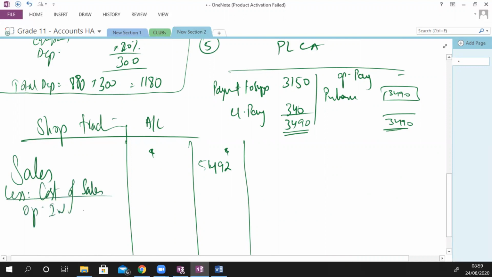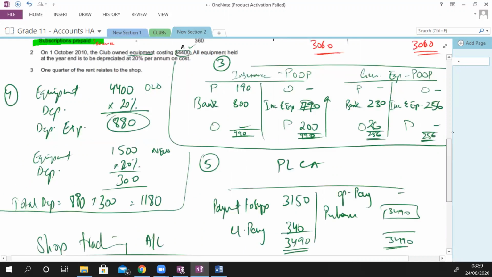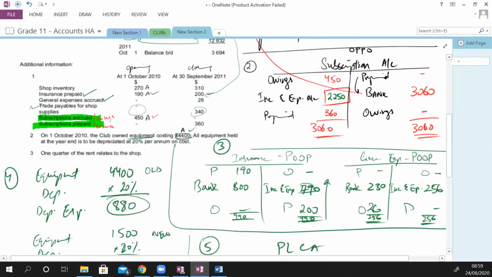उसमें opening inventory for shop supplies, shop inventory 270 and 310.